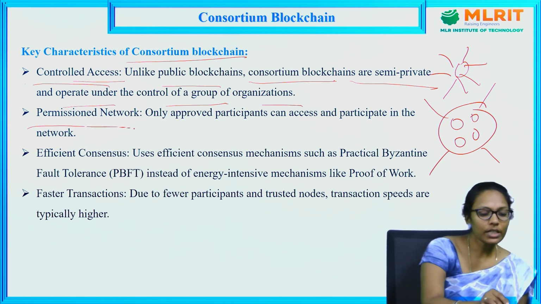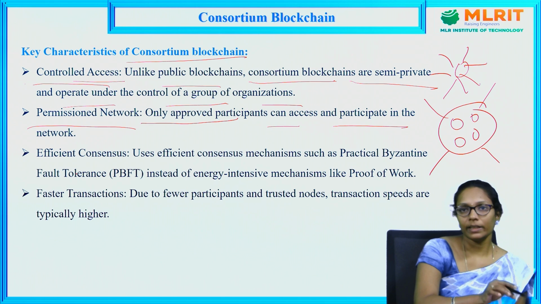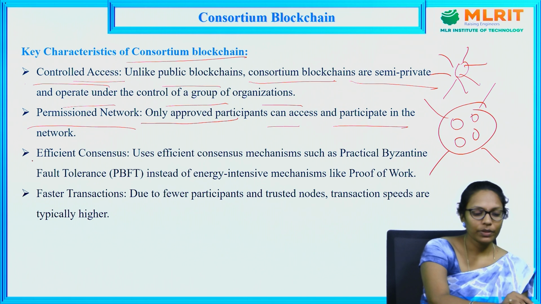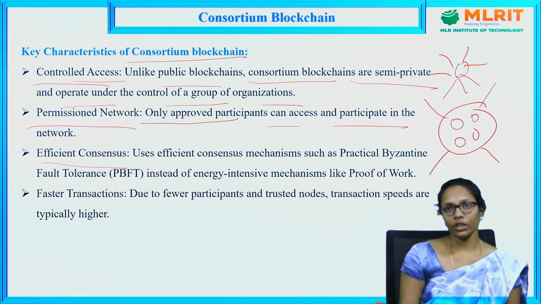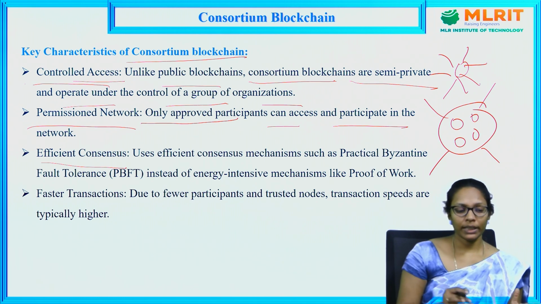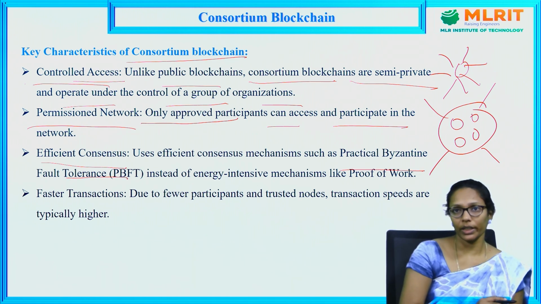Permissioned network. Only approved participants can access and participate in the network. They have to take approval before participating in the network process. Efficient consensus. Generally, if it is a public blockchain, you are using proof of work, which takes much time and is more complex, right? But here it uses an efficient consensus mechanism, which is PBFT, practical Byzantine fault tolerance.